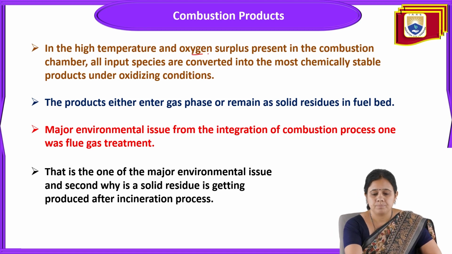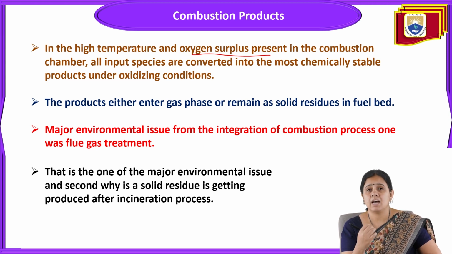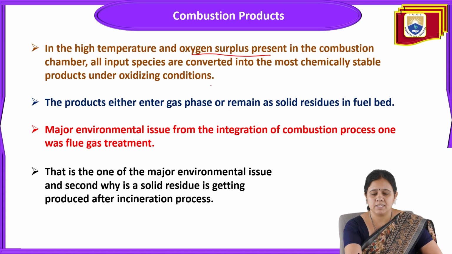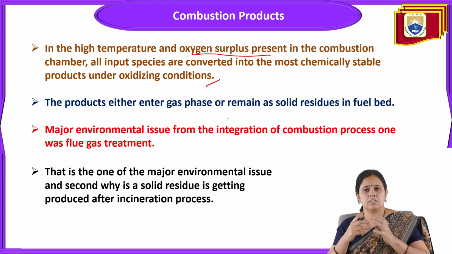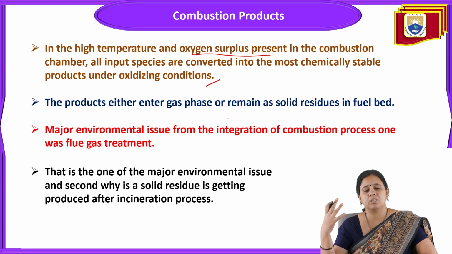At high temperature, surplus oxygen is present in the combustion chamber. All input species are converted into the most chemically stable product under oxidizing conditions. In the combustion chamber the temperature is already high, more than 1000 degrees Celsius, and oxygen is also there.